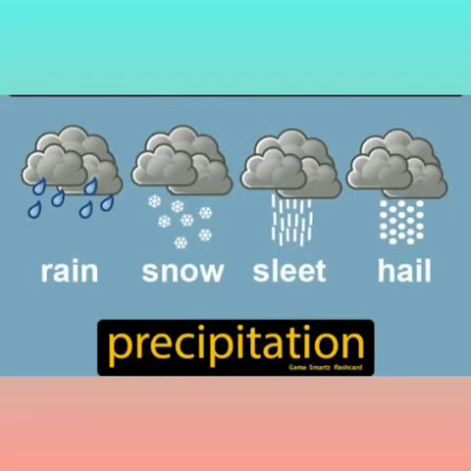Other forms include hail, snow, and sleet. Sleet is also a rain containing some ice, as when snow melts, it falls. Precipitation is one of the most important elements that controls the weather or the climate of a place.